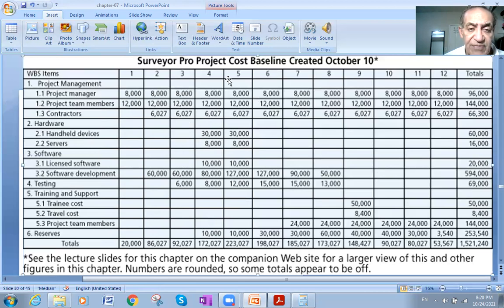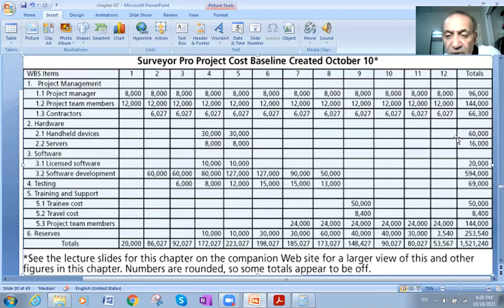It is in month 4 and month 5 only, or in phase 4 and phase 5. Likewise, the servers are in phase 4 and phase 5. So servers cost me 8,000 in phase 4, and 8,000 in phase 5, and the rest of the year there are no costs.